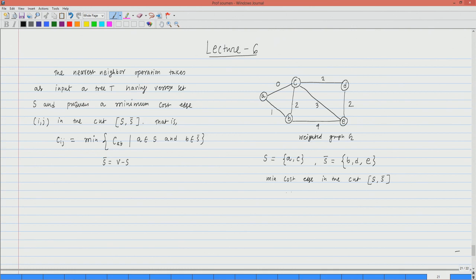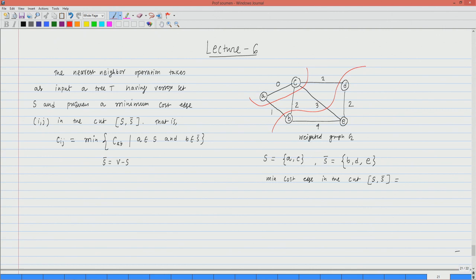It is obtained in this way. S consists of A and C, so this is one part, and S complement consists of B, D and E, so this is another part. So, you are dividing the set of vertices into two parts, basically S and S complement.